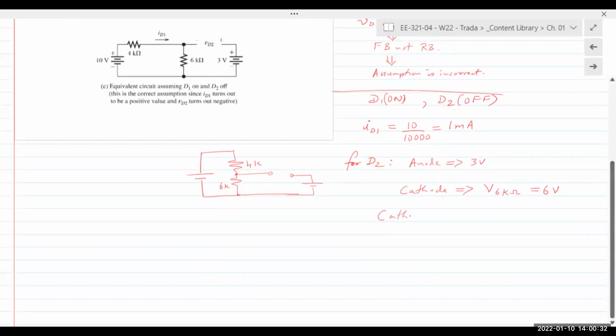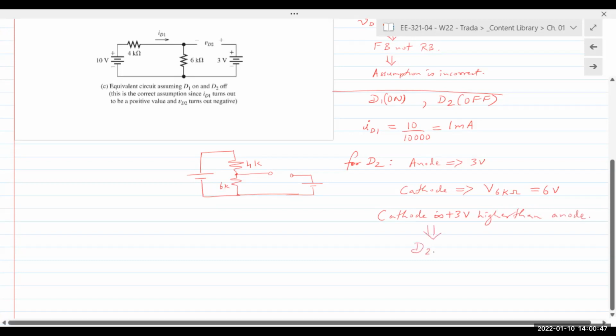So cathode is 3 volts or plus 3 volts higher than the anode. Hence, diode D2 is reverse bias or off. So my assumption is correct.